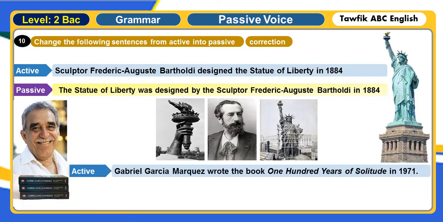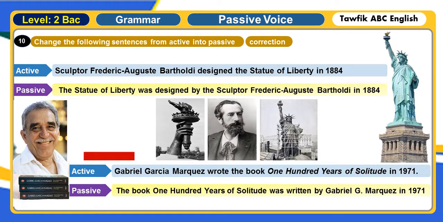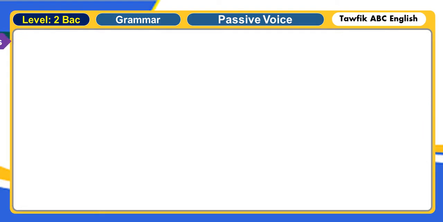So Gabriel Garcia Marquez wrote the book 100 Years of Solitude in 1971. So passive, we say the book 100 Years of Solitude was written by Gabriel Garcia Marquez in 1970 or 71, right? So this is passive voice. كيف غير كنحدد new subject كنعرف الverb فاش مصرف، كنتصرف فيه الverb to be وكنحوله هو الpast participle وكنكمل الجملة by etc. Okay, let's move on to the next.